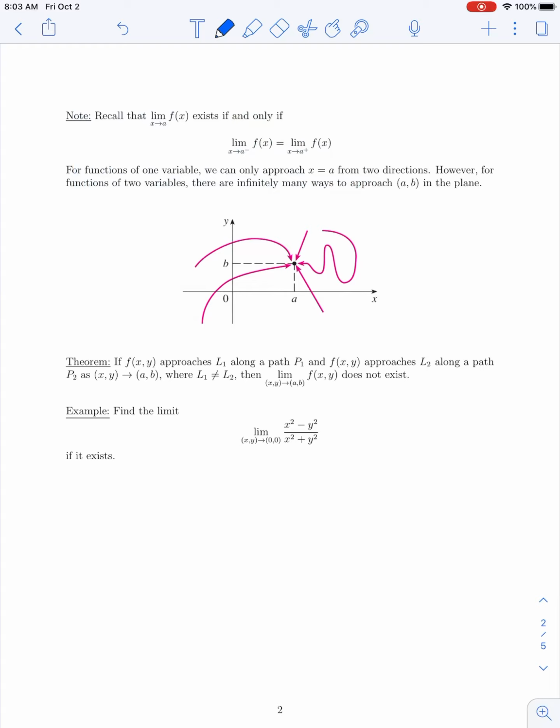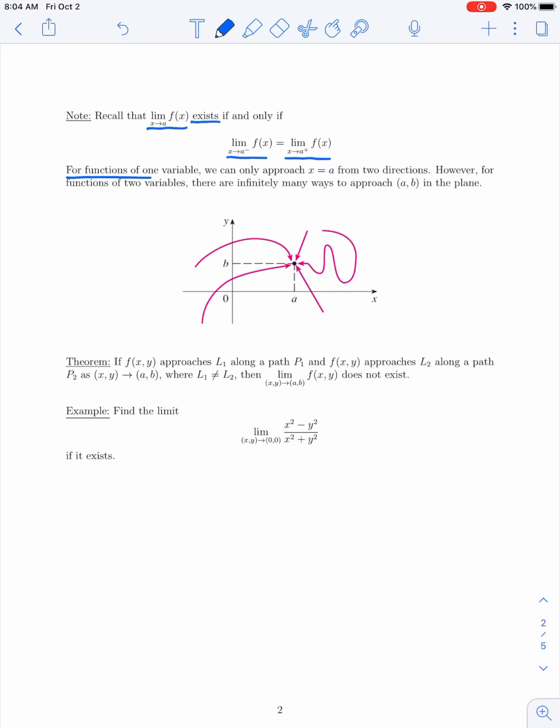Recall that the limit of a function f of x as x approaches a exists if and only if the left-hand limit and the right-hand limit of that function as x approaches a are the same value. So in order for a two-sided limit to exist, both the left and right-hand limits of the function as we approach some value must be the same.